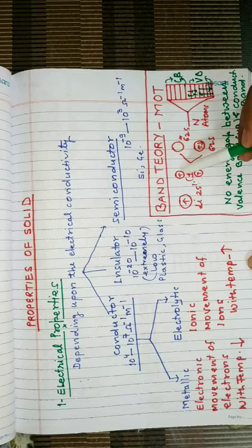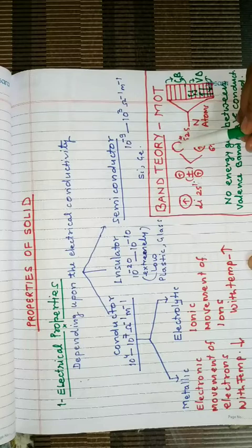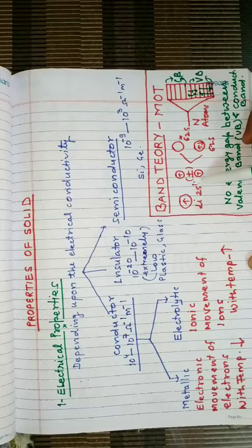Since the number of electrons is only two, they will occupy the lower energy orbital sigma 2s, and sigma star 2s will remain empty. These two are molecular orbitals belonging to the same 2s energy level of the combining atoms.